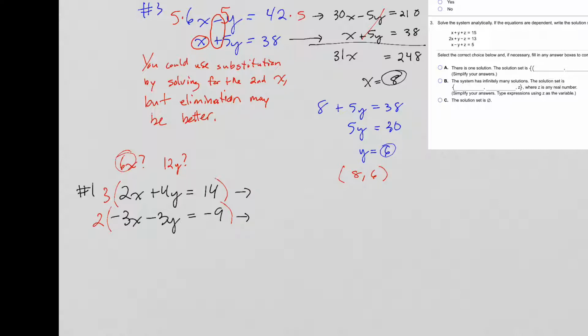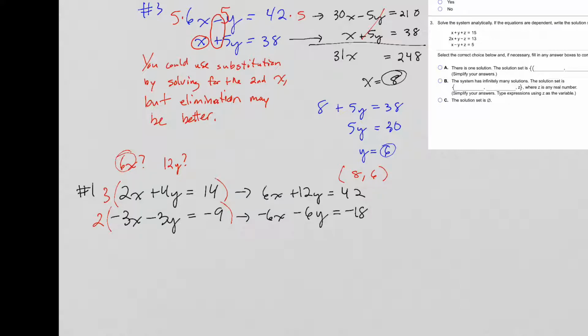By multiplying everything by 3 in the top equation, I get 6x plus 12y equals 42. And the bottom equation is going to be negative 6x, negative 6y equals negative 18.